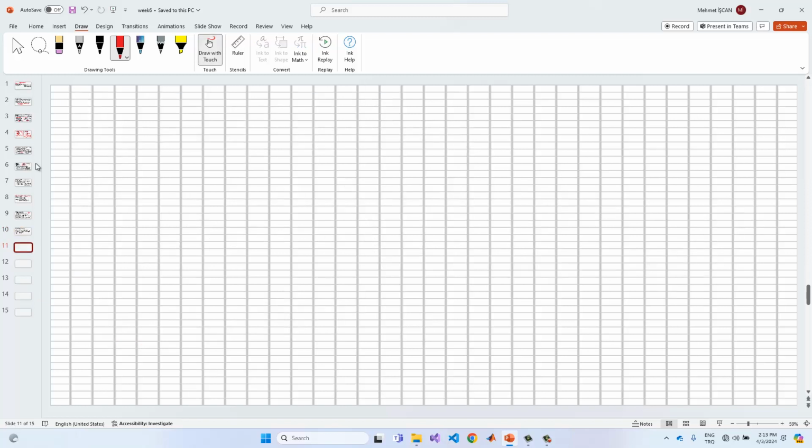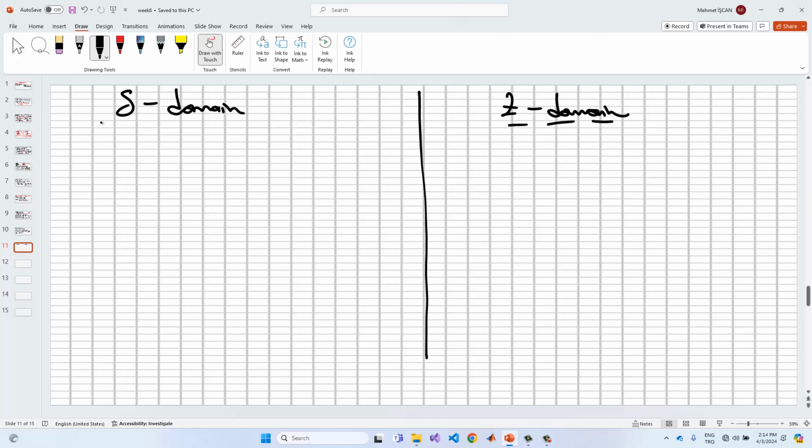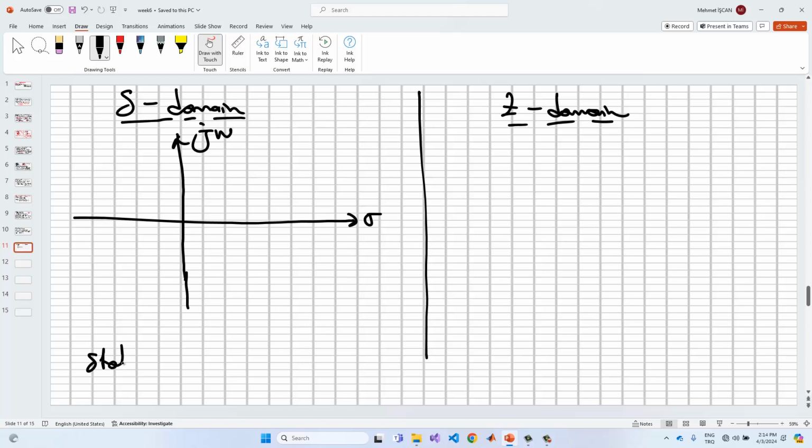Okay, and so why do we need to use the 1 in this case? I can explain it. Just remember that in the S domain and also the Z domain, if we have the S domain here, sigma and j omega, what's the stable range for this domain?